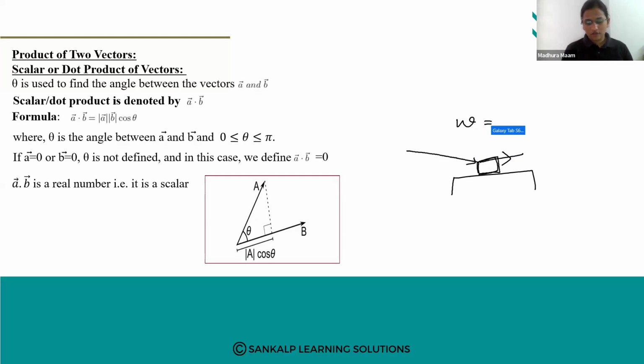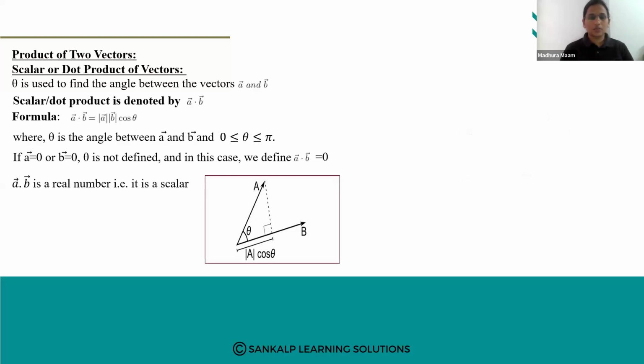So work done is force into displacement. This is one vector, this is also one vector. But work done is always a scalar. So we are going to study these kinds of products under mathematics. One is this vector, one is this vector. Okay, how do we define this?